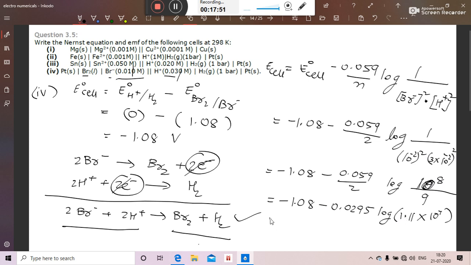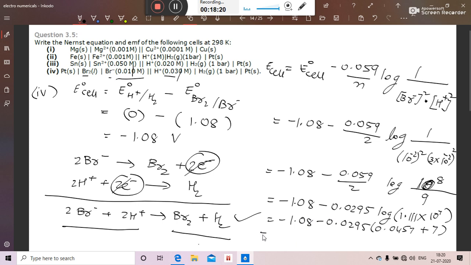So that is equal to minus 1.08 minus 0.0295. Now here we will see that we have 1.111. So log of 1.111 is 0.0457.